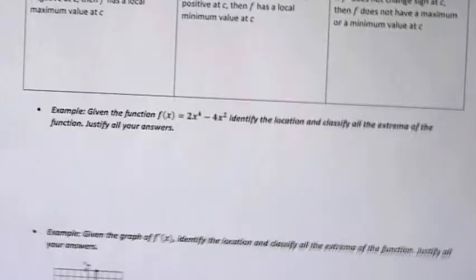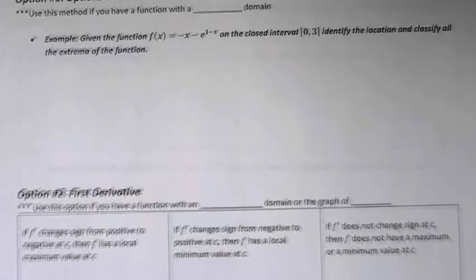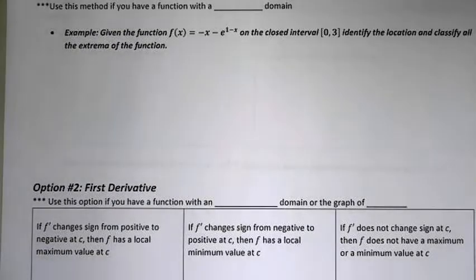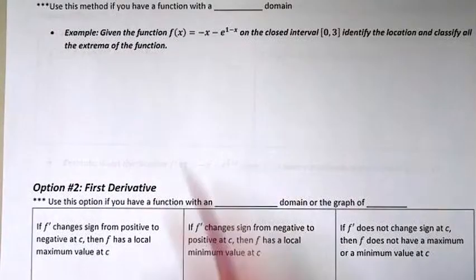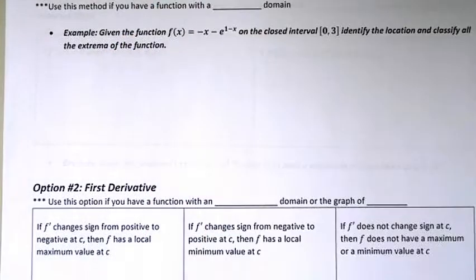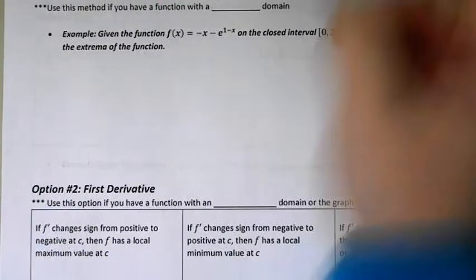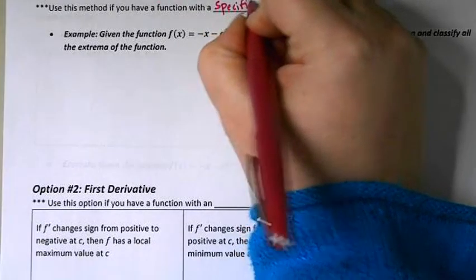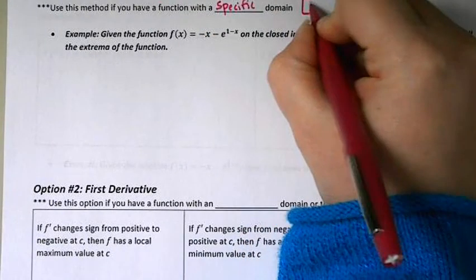Okay, so we have 3 options that we need to look at. So option 1 is literally called an options list. All right, so I want you to think of making a table. That's what the options list is. So we use this method if we have a function with a specific domain, or really, if we're looking at a closed interval.